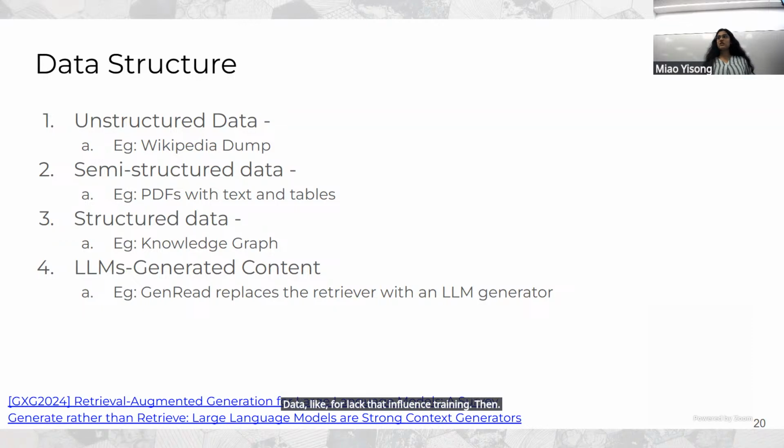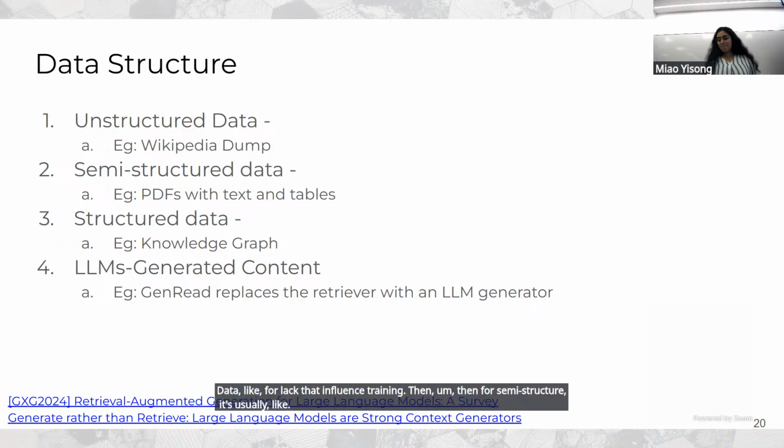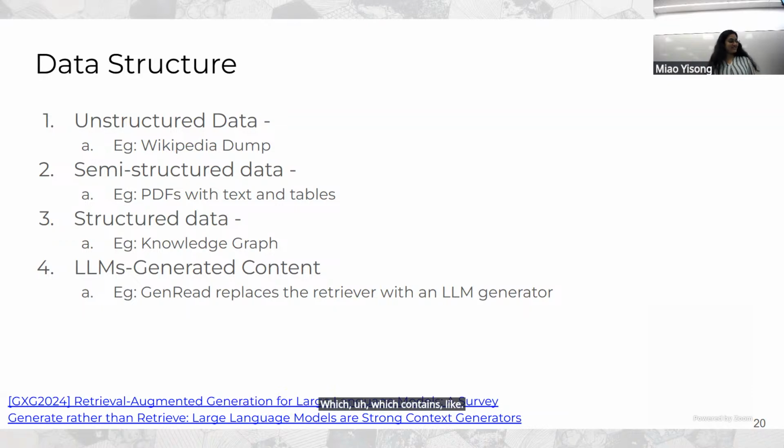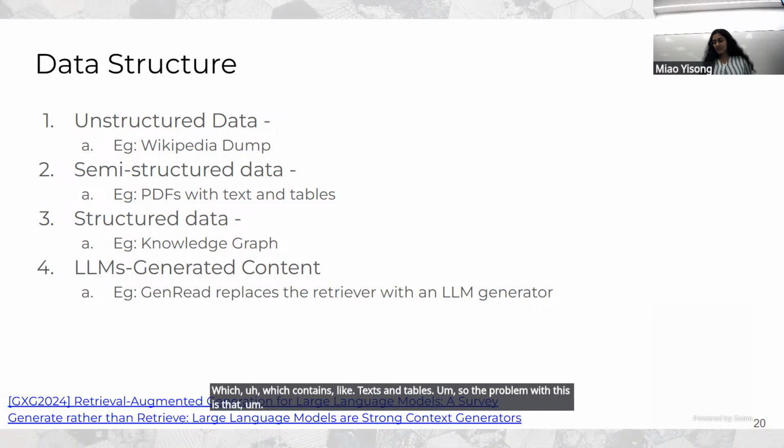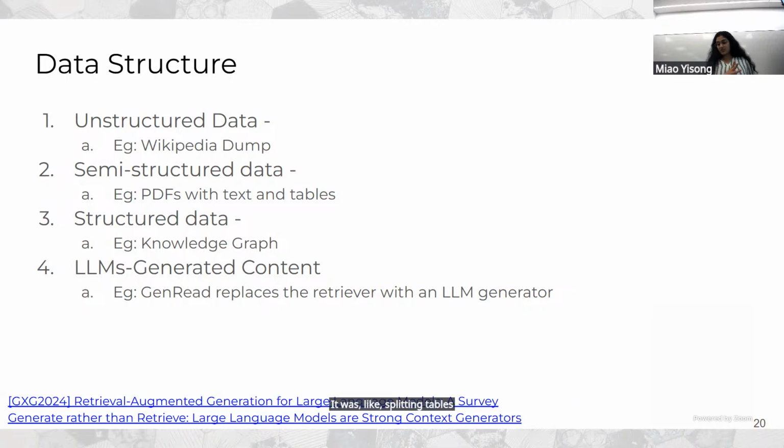Then semi-structured data is usually like PDFs, which contain text and tables. The problem with this is that splitting tables is difficult, and this leads to data corruption. And incorporating similarity searches is difficult when it comes to semi-structured data.